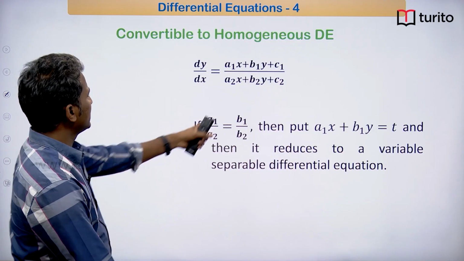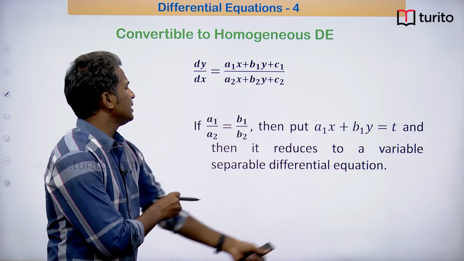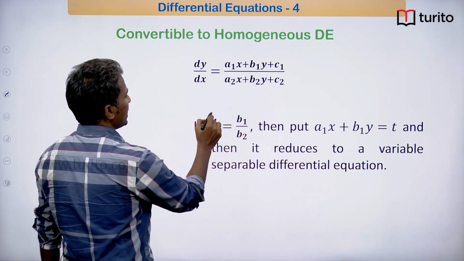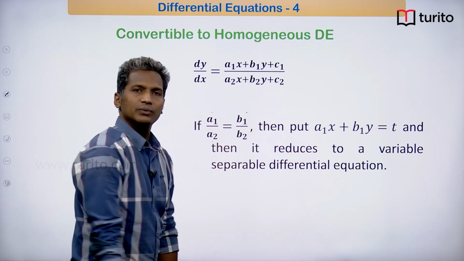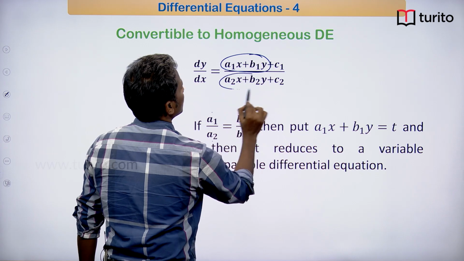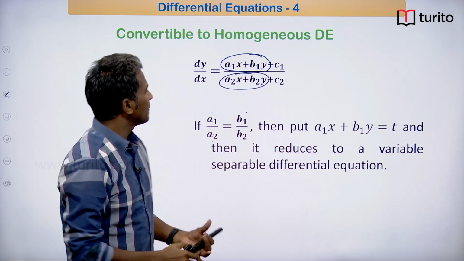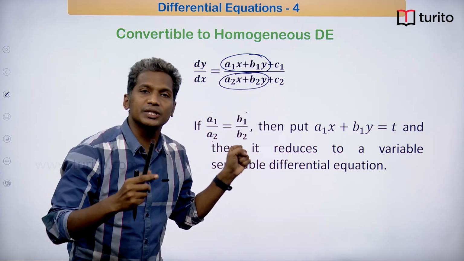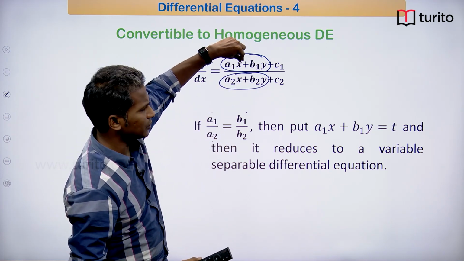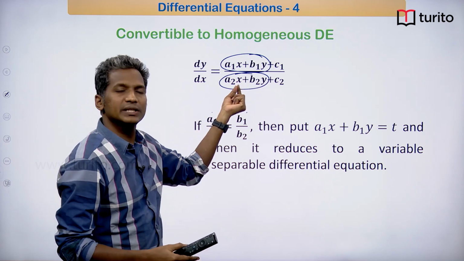Okay. So, if you take this page, here that is exactly what we have discussed. Suppose let us say A1 by A2 is equal to B1 by B2. That means, if you look at these two terms, only the x and y terms, these two will be proportional. Okay. We can write the above expression, this part only, as a factor of this.